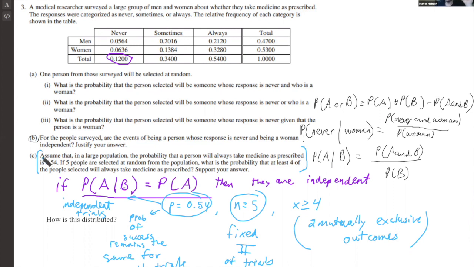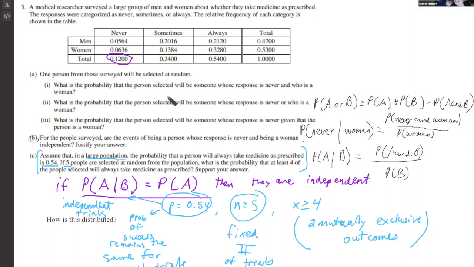So you have to read that in context and realize, okay, fixed number, fixed probability, success or failure, either they do or they don't, and independent, large population. So they kind of explained everything we needed to say, yes, this is a binomial distribution. Any questions with that? No.